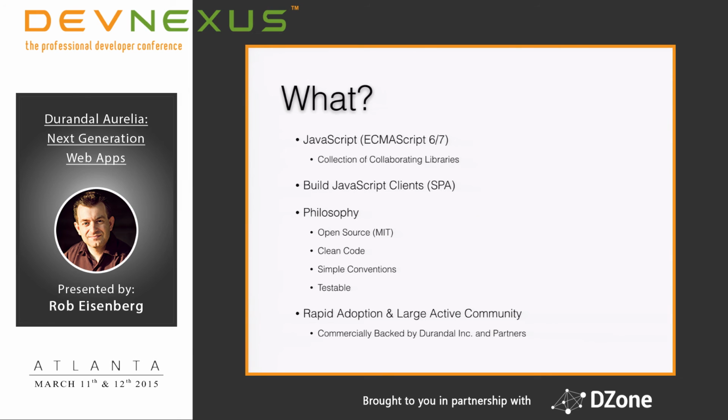Another important point about Aurelia is that while it's open source, it's actually commercially backed by a new company called Durandal Inc., and we also have several partners. I'll talk a little bit about why this is later. But if you're building very complex JavaScript apps, there's not a lot of places you can go right now to get a baseline open source platform and also be able to get some sort of commercial support for your business or the enterprise.